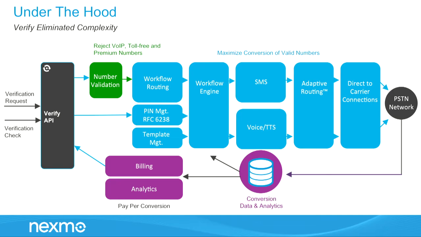For instance, we have seen that it's more effective to send a 6-digit PIN code in Japan. It converts better than a 4-digit PIN. And in Mexico, it's the opposite. And don't ask me why. It's just a statistic we have collected over the years.